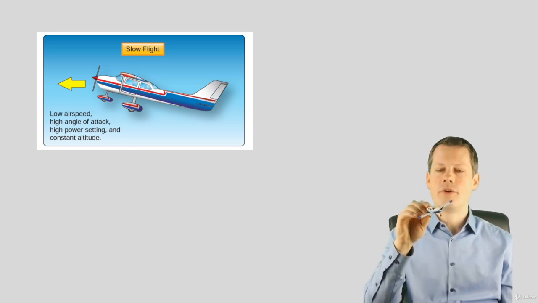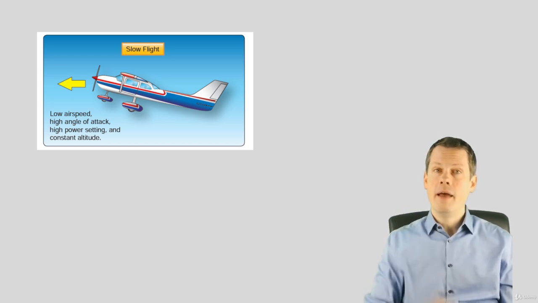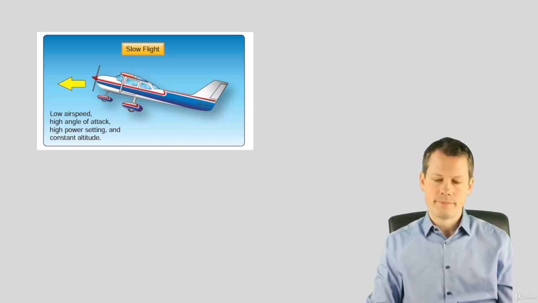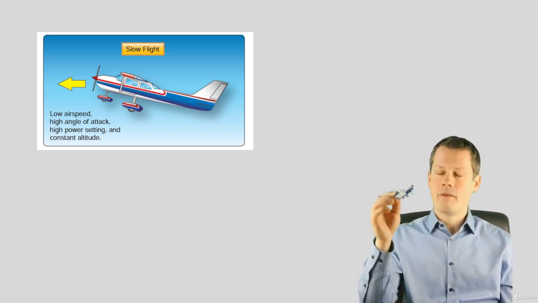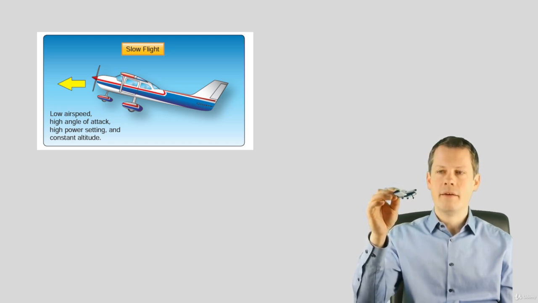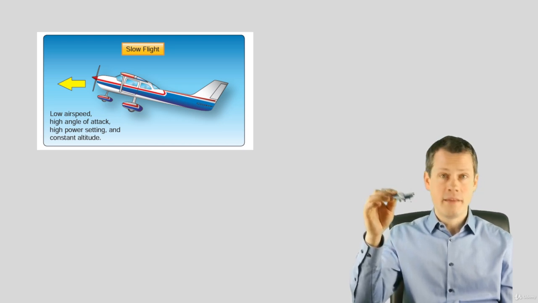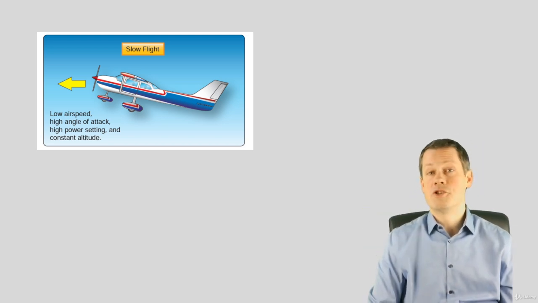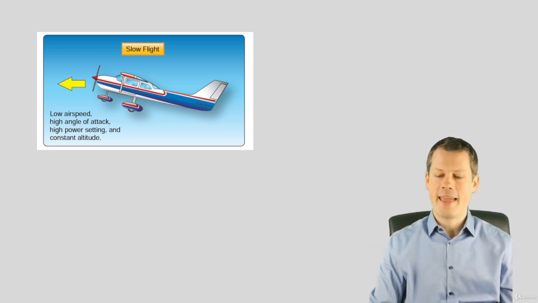So just fly your turns with very little bank and keep them coordinated, so use your rudder. Now for the recovery from the slow flight, just get your nose down to accelerate, set the power as needed, and then just transition to normal forward flight again.